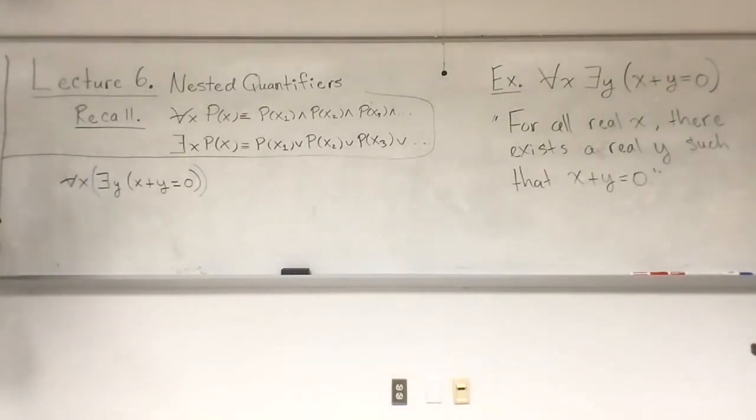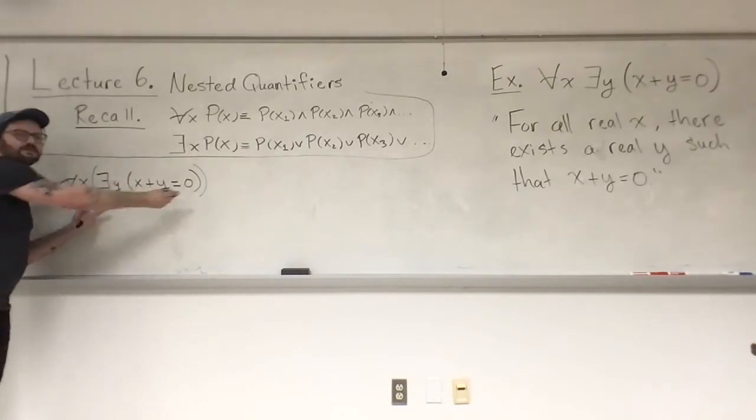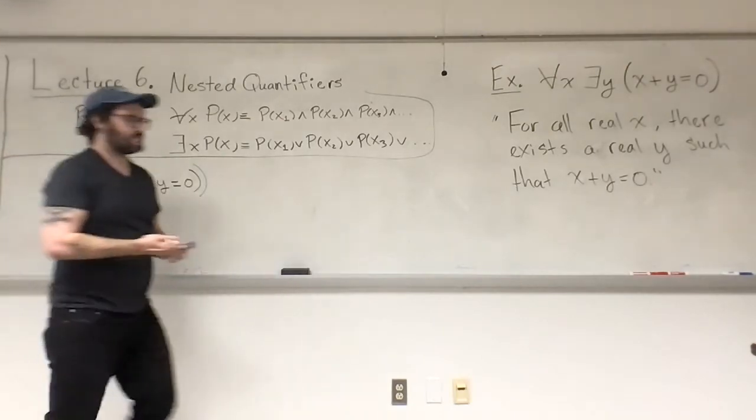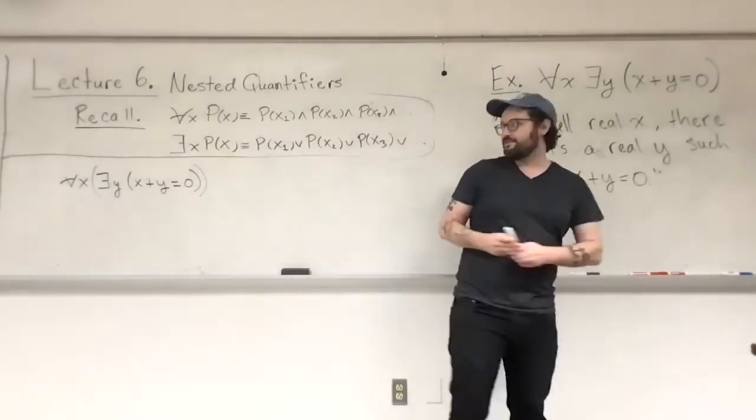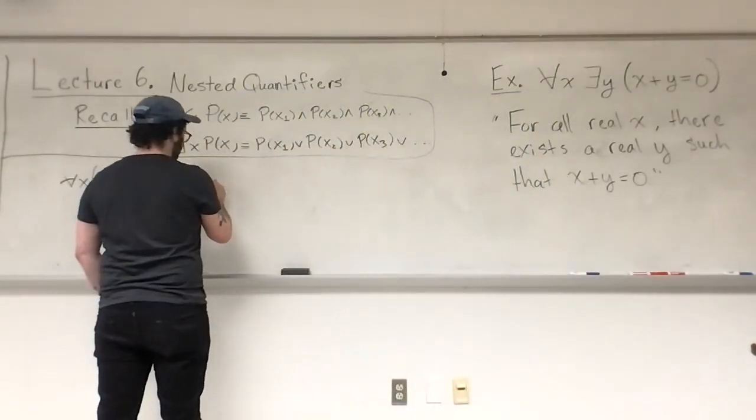For any y, the variable x is the variable input to the for all x. You can treat that like its own propositional function, and just think of this as the universal applied to this thing in blue.